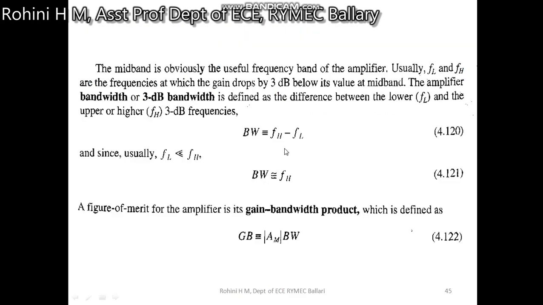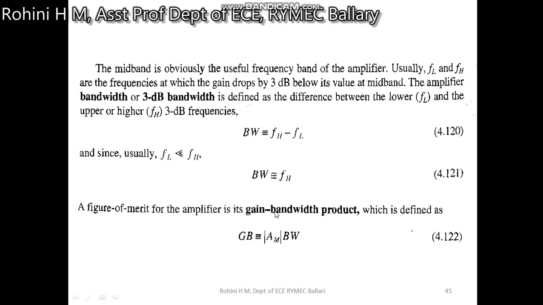Once we know FL and FH, we are able to determine the bandwidth. Bandwidth is given by FH minus FL. Usually the lower frequency FL is very much less than the higher frequency, so we can say that bandwidth is only the higher frequency FH.